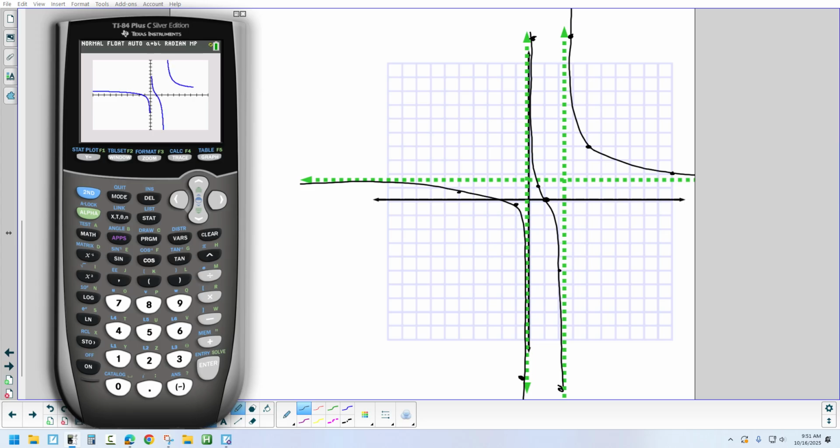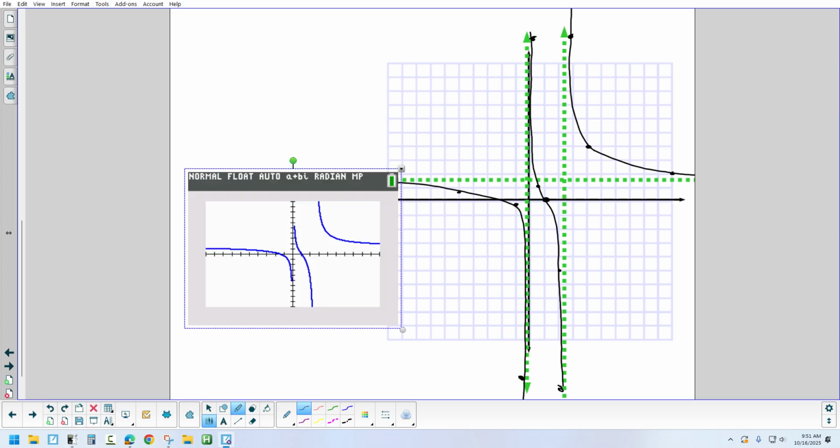Because it got too steep to work with, the calculator basically just gave up. But we know that middle section is extremely steep. It should keep going up forever. And the section on the lower left should keep going down forever. That's what it should look like, and that's pretty much what we got.